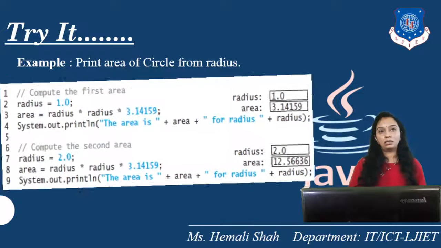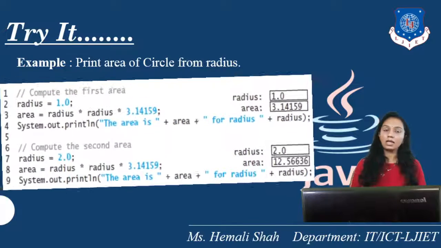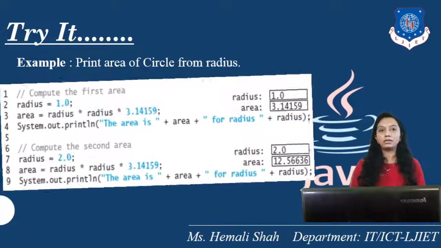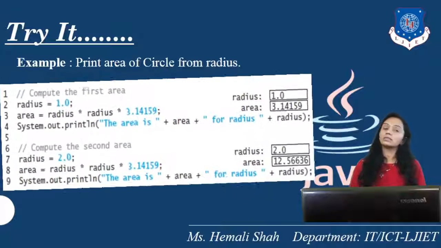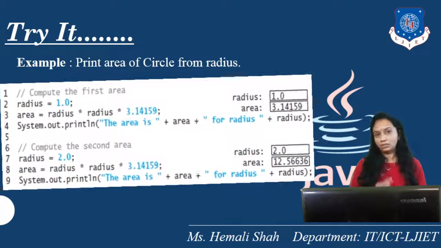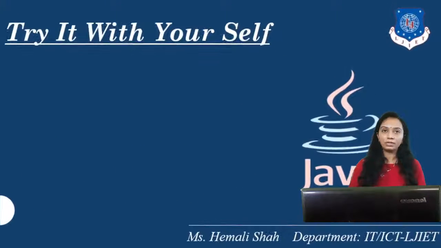Radius you can take as 1, as well as 2, and find the area by using the star operator with the 3.14 pi value, calculate it, store it into area and print the area. This is the program you can create by using the operators.